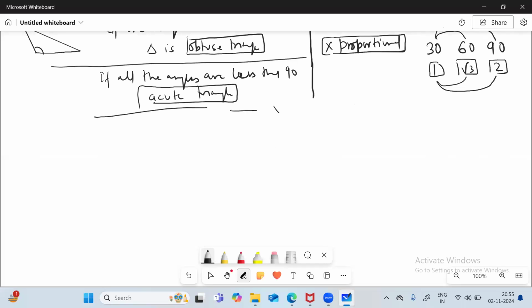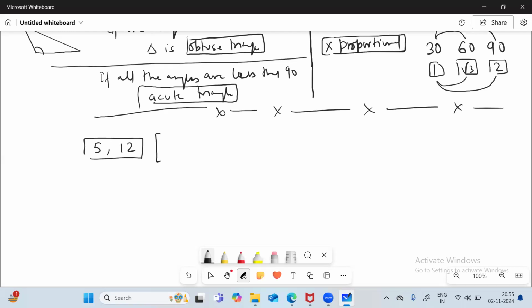Let me give you another key learning here. Let's say we have two sides of a triangle. One is 5 and the second one is 12. Let's take the same two sides of a triangle.